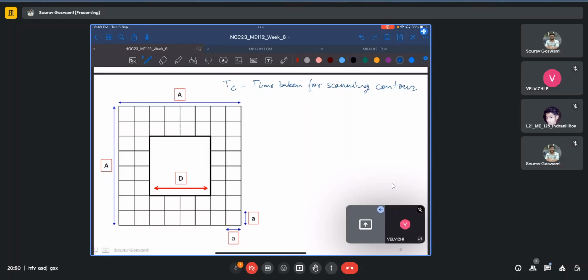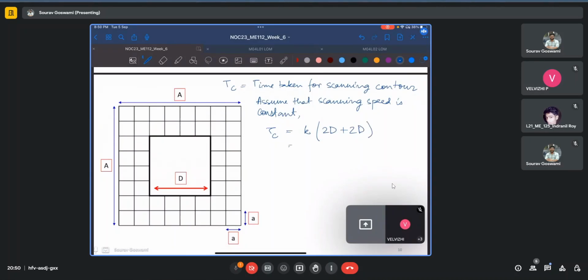And again, if we assume that scanning speed is constant, the time will simply be equal to the proportionality constant times the distance, which in this case is 2d in the horizontal direction and 2d along the y-axis.